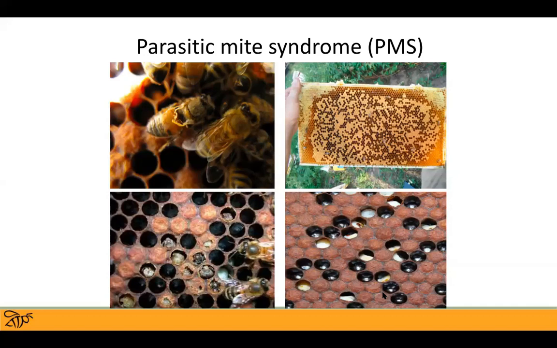So it does look kind of like European foul brood, but again, if you're seeing it together with all of these other symptoms, then it's a pretty good sign that it's Varroa mites. And you can also do that ropiness test just to rule out the possibility of brood disease.